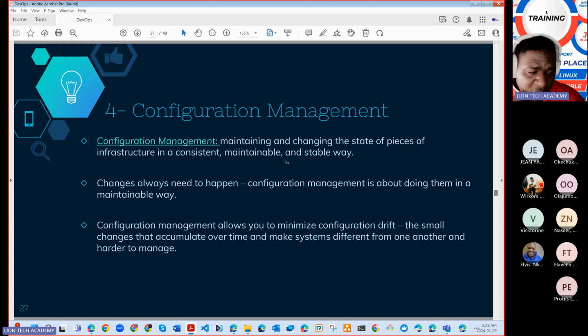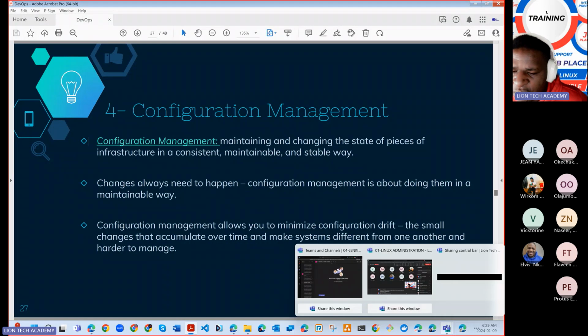Can we automate this entire process, or is it feasible for an engineer to log into the servers one at a time and run security updates? The answer is it is not feasible. So one of the other practices is to be able to implement configuration management in an automated manner.